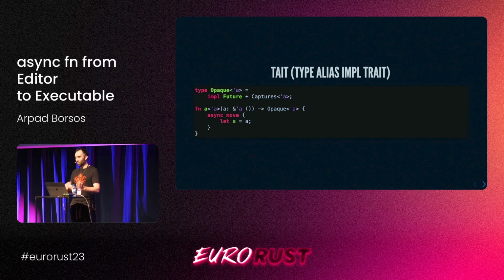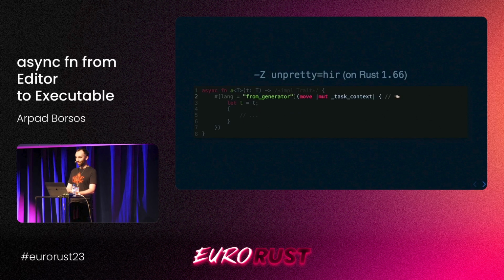All right, so we arrived at this thing, and we can actually look at it in detail with an unstable compiler flag. So if you have the nightly compiler, you can actually look at the HIR output specifically with this compiler flag. And what we see here with an older Rust version, 1.66, is this from_generator here.